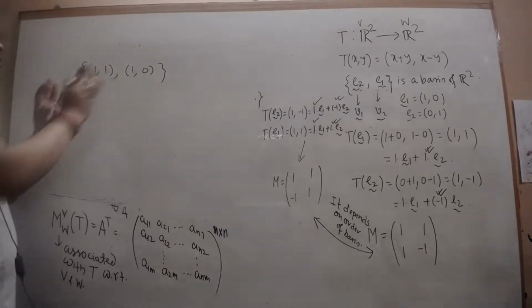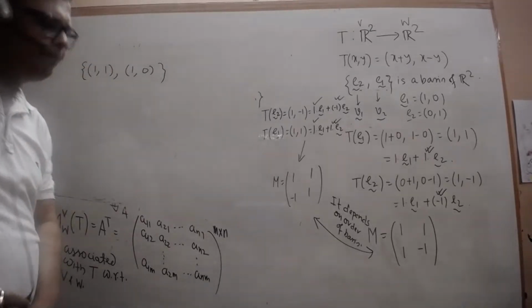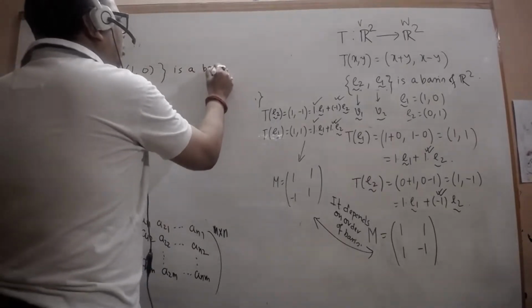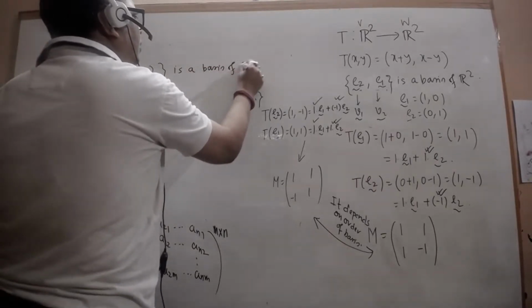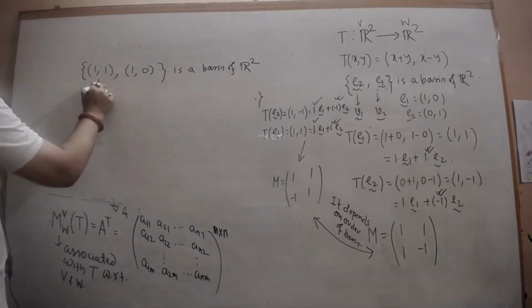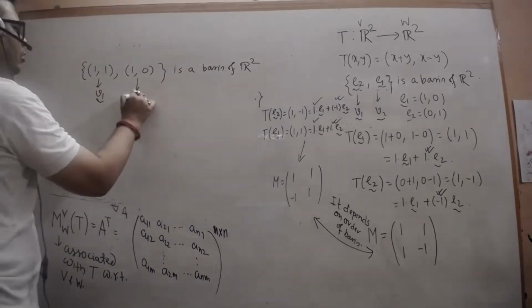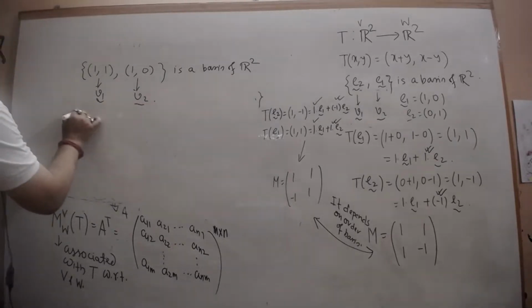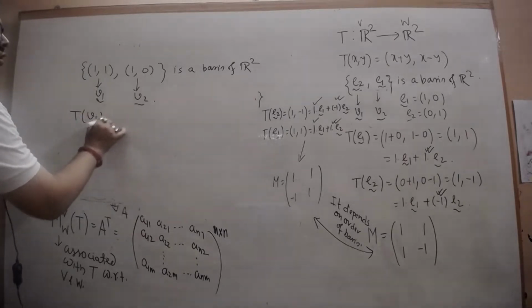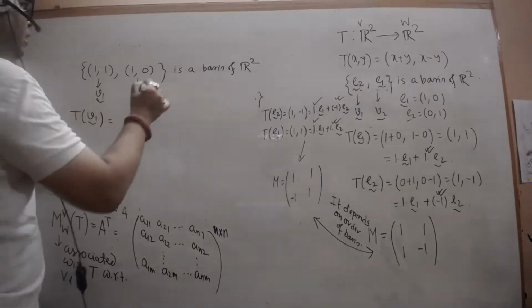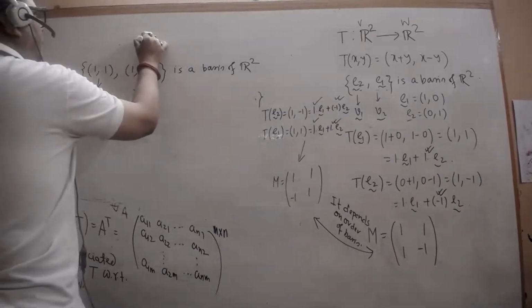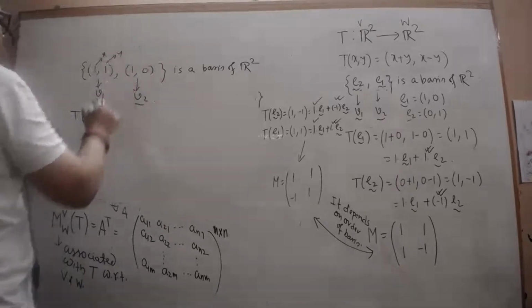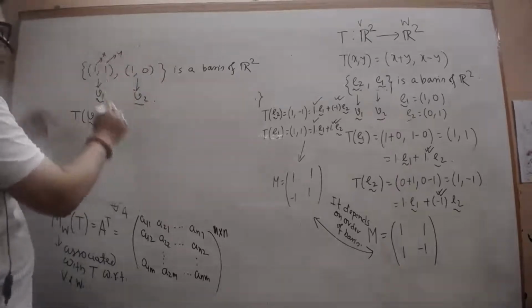If you take this basis of R squared, I denote this by v1, v2. Now v1, according to the definition, this is x and this is y. So v1 is (1, 1).